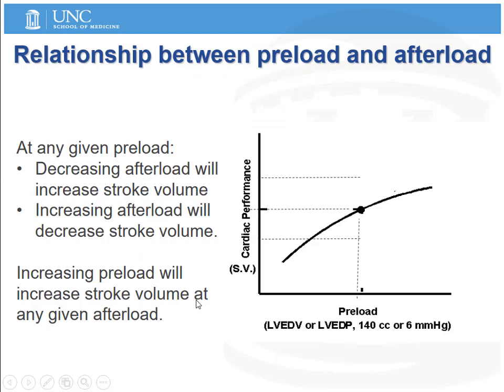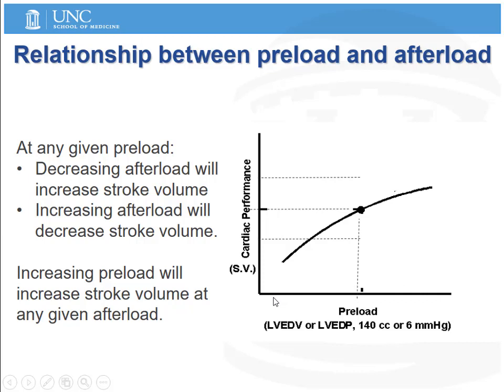The relationship between preload and afterload can also be seen on this cardiac performance curve, which is also known as the Frank-Starling curve. Remember that based on that Frank-Starling relationship, the volume of blood the ventricle pumps out, or the stroke volume, depends on the volume in the chamber at the end of diastole, or the preload.